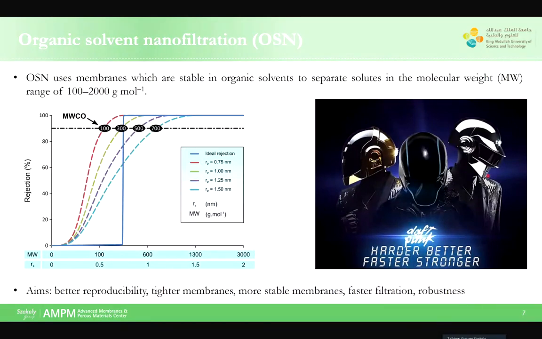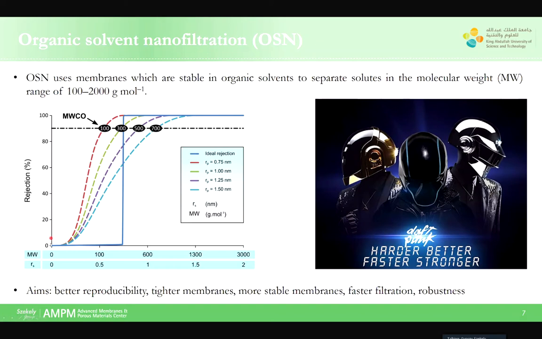Okay, so what is organic solvent nanofiltration? So organic solvent nanofiltration, or in a short form OSN, focuses on the separation of solutes in organic media by the means of pressure gradient through the membrane, and it can separate solutes that fall within the range of 100 to about 2000 gram per mole.